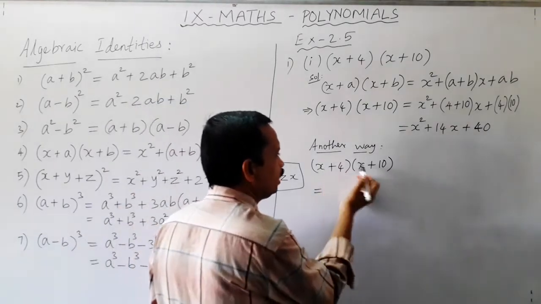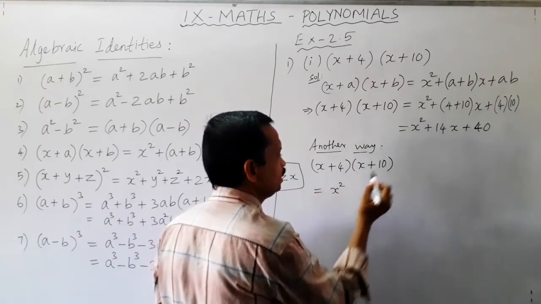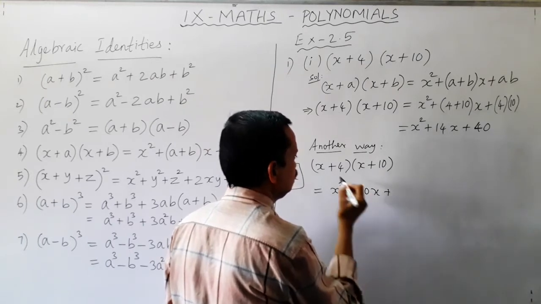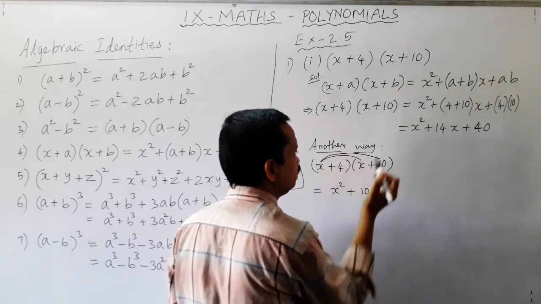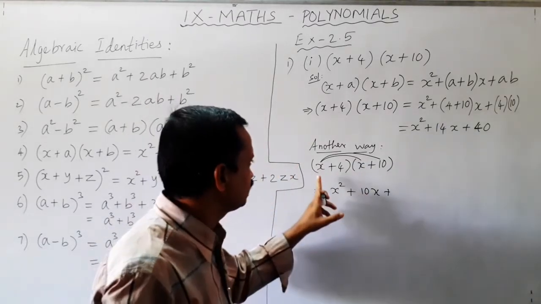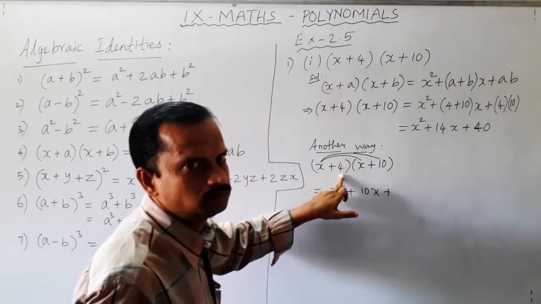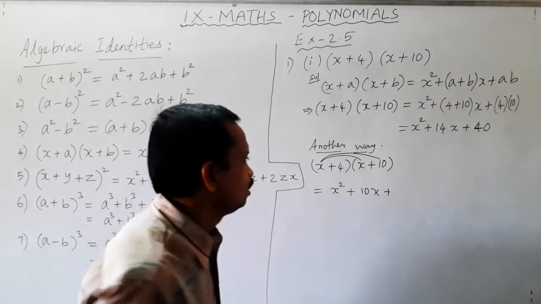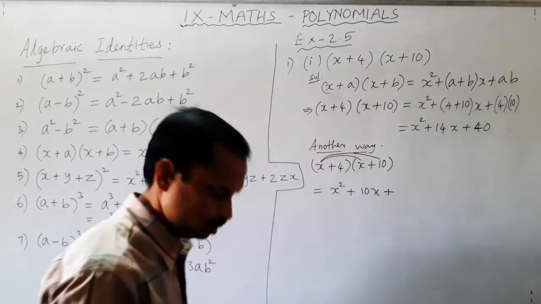So x into x, what you get? x square, and then x into 10, 10x. Clear or not? Then you take the second term, and again you multiply with the second bracket. Okay. So 4 into x. Can you understand what I am saying?